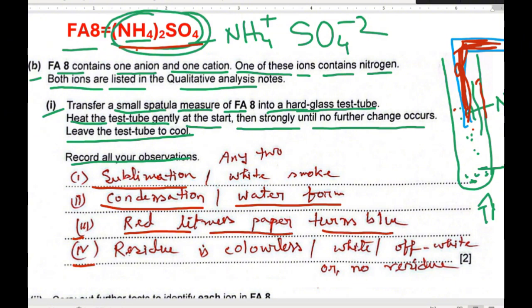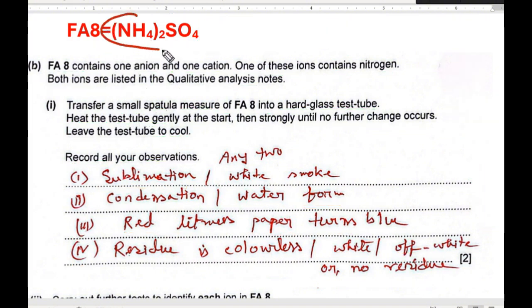And the residue, you can write, is colorless or white or off white, or no residue. If you give heat, sometimes it all decomposes, so you can also write no residue left. Any ammonium compound sublimes, so first point sublimation, then you can write gas. So these 2 points are very important. Red litmus paper turns to blue.